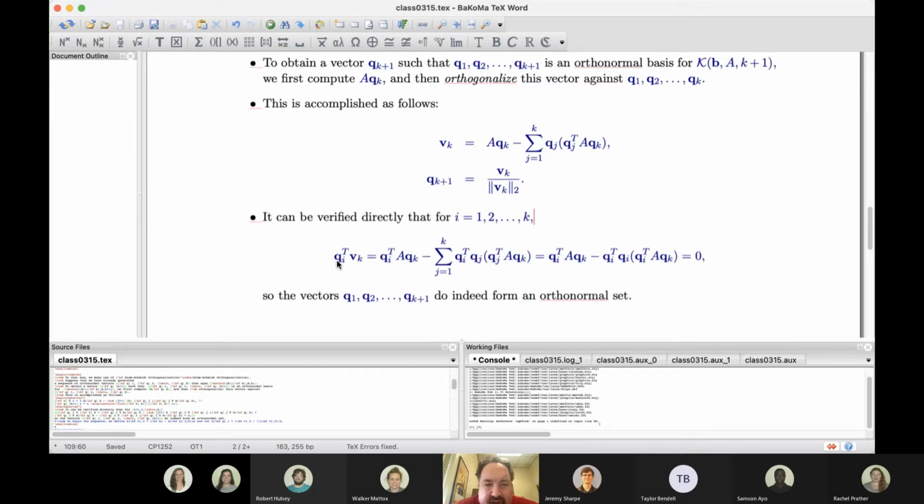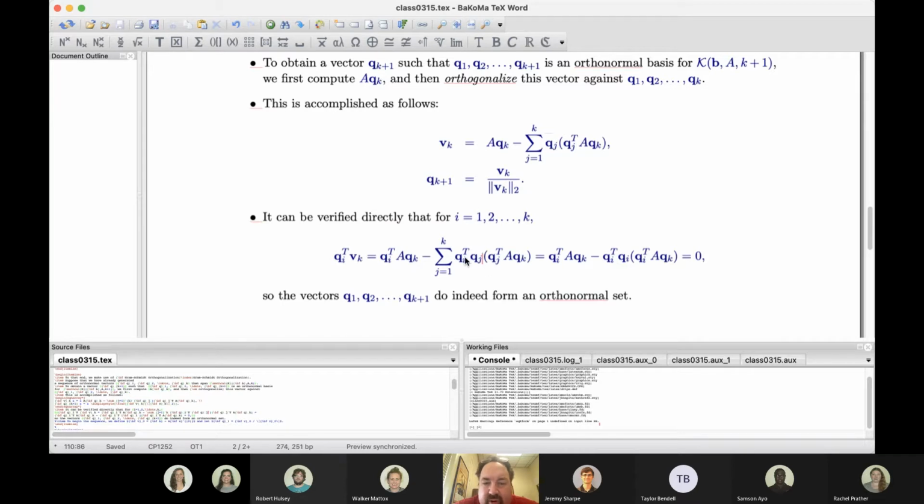I take the inner product of both sides of this equation with q_i. So I have q_i transpose v_k, and then I take the inner product of every term here with q_i. I get q_i transpose A q_k, and then in the sum, this is just a number, so I take q_i transpose q_j.